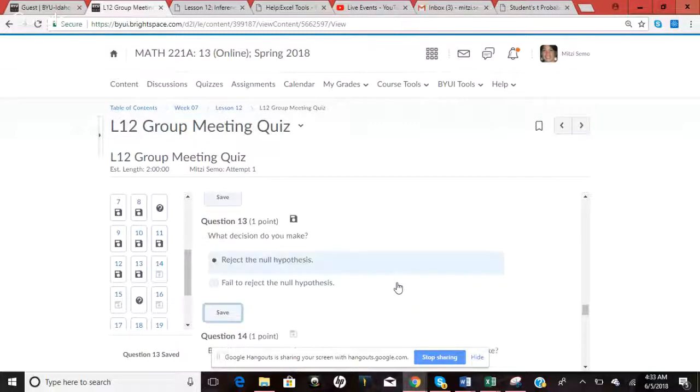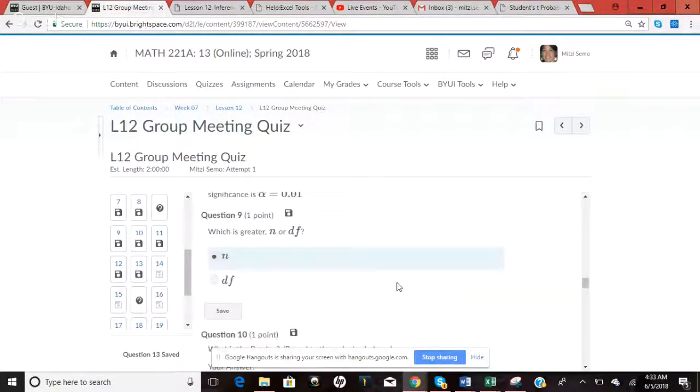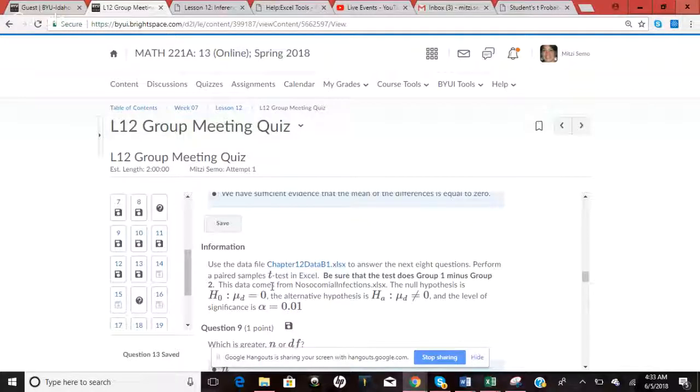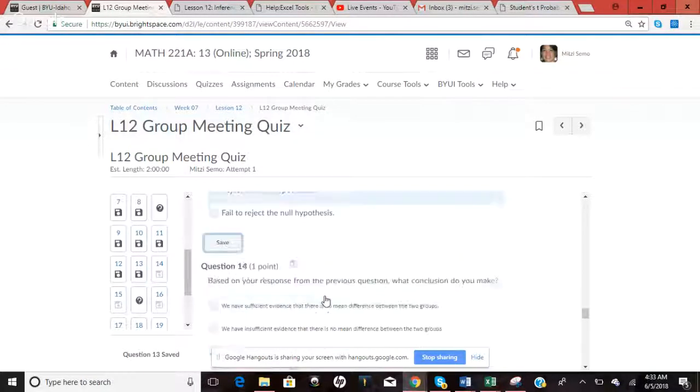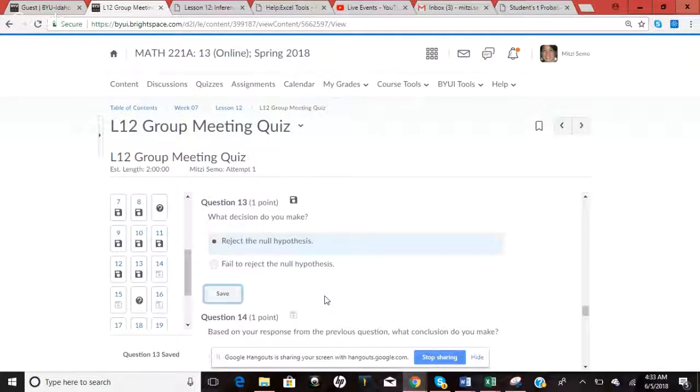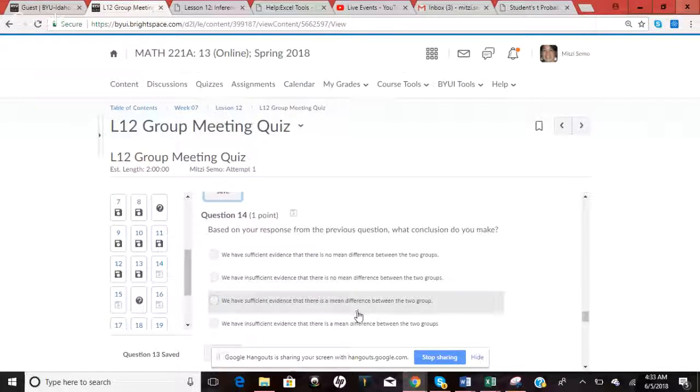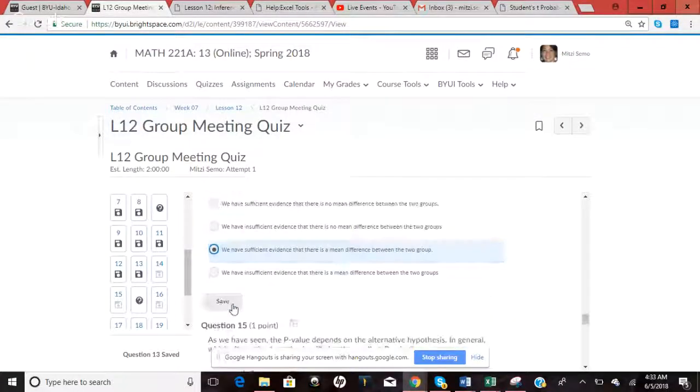Let me go back to the question. Yeah, we have insufficient evidence. Oh wait, we're saying we reject the null, so we do have sufficient evidence that there is a mean difference between the two groups, right? Yeah. Okay, that's number 3.